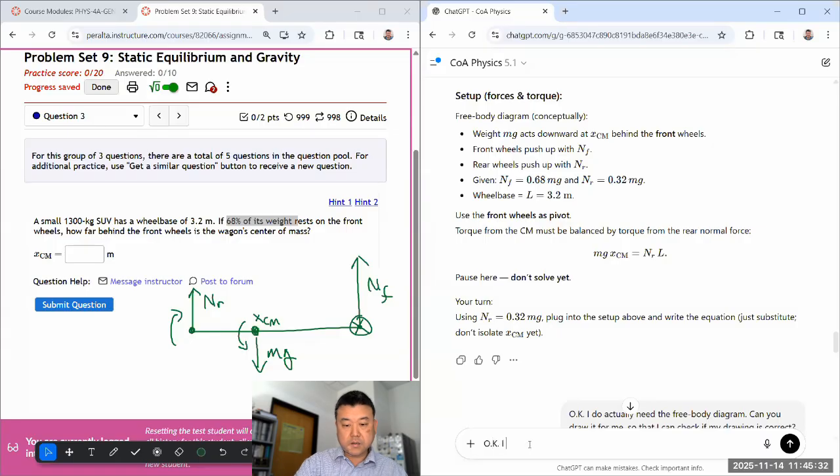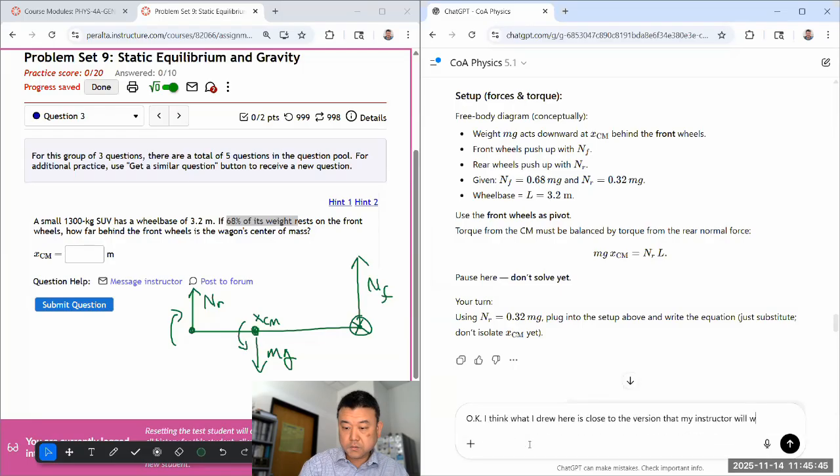Okay, I think what I drew here is close to the version that my instructor will want.